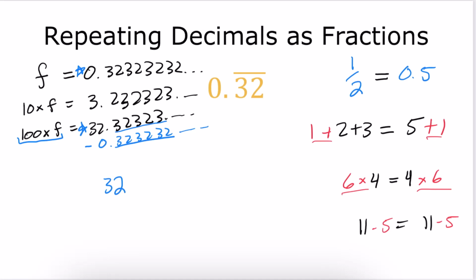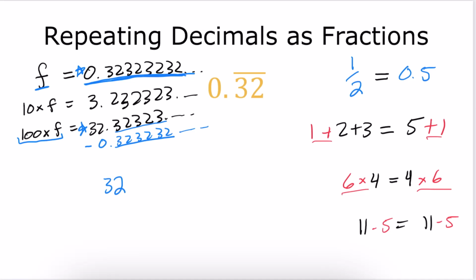And that would be really difficult to take a mysterious fraction times 100 and subtract this decimal that goes on forever. But it is not very hard if you remember that this really long decimal is equal to the mysterious fraction. So we don't necessarily have to subtract this huge long decimal.